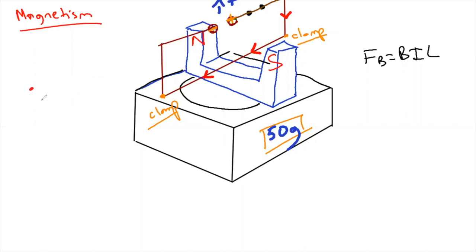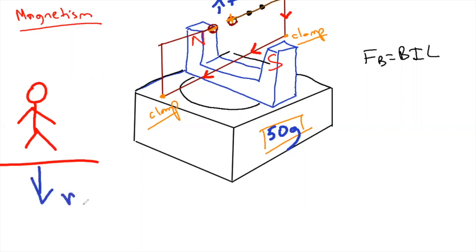Do you remember the scenario when a person is standing like this? When a person is standing, you know that we have W acting downwards and N acting upwards. And I also told you that N is what causes the reading on the balance.